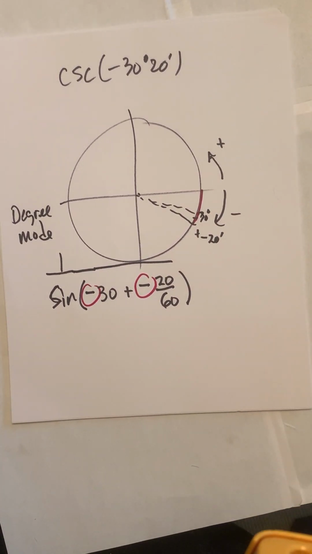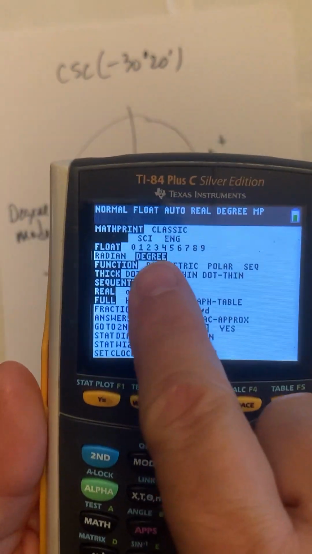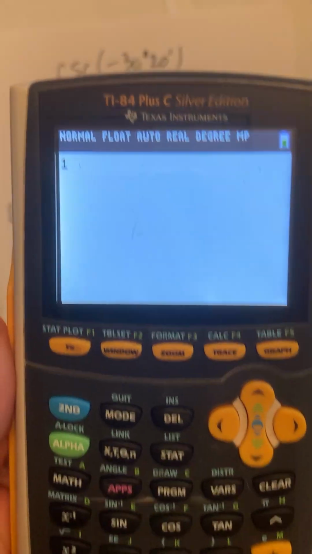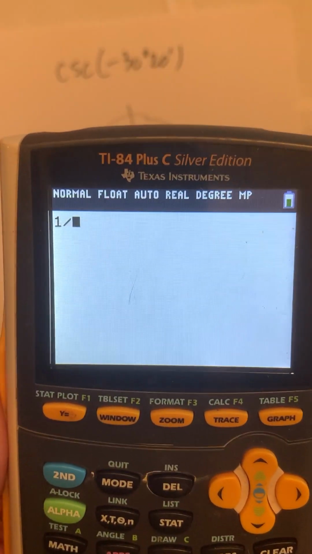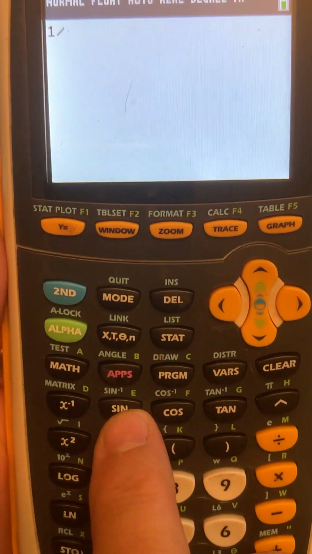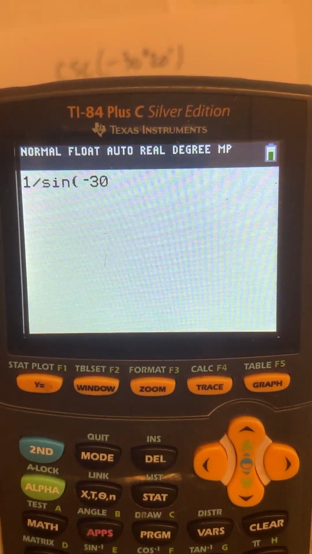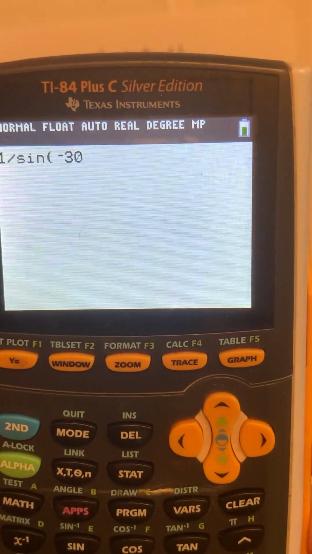So now let's take a look at how to do that in my calculator. I'm in degree mode. That's the first thing I want to make sure of. Then I do 1 divided by sine, and then I put negative 30. I can do either plus negative or just minus.